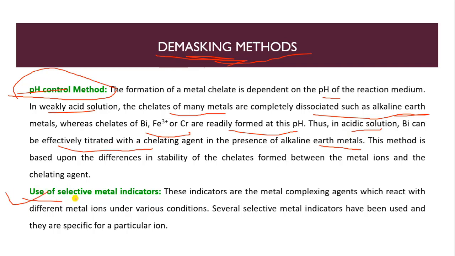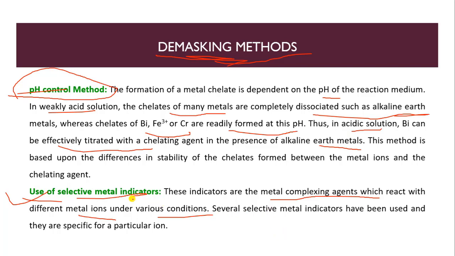Then the second is the use of selective metal indicators. These indicators are metal complexing agents which react with different metal ions under various conditions. We will see how many kinds of metal ion indicators there are, in which pH range they will react, and what color they will give.